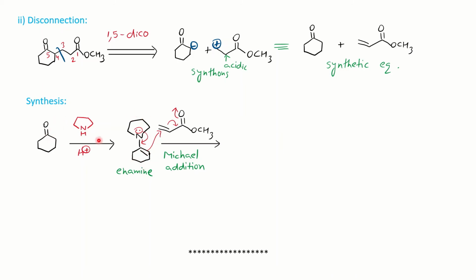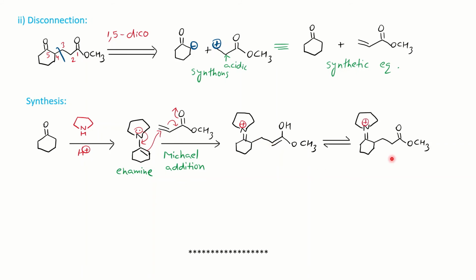The enamine reacts with the alpha beta unsaturated compound in a Michael addition reaction, which is a very familiar and reliable reaction. You get the amine, which on hydrolysis gives, as shown by resonance since we have generated the enol, the carbonyl. After hydrolysis, we get your target molecule, which, as you can see, is a 1,5 dicarbonyl compound.